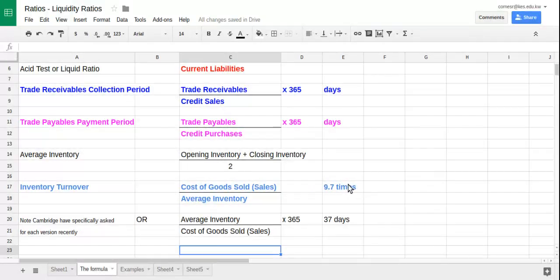So the first one, that means that 9.7 times during the year a piece of inventory has been bought, sold and replaced and then bought and sold again. This one means that on average every 37 days, which becomes 9.7 times, a company buys some goods and would expect to sell them after 37 days. So that one might be confusing.